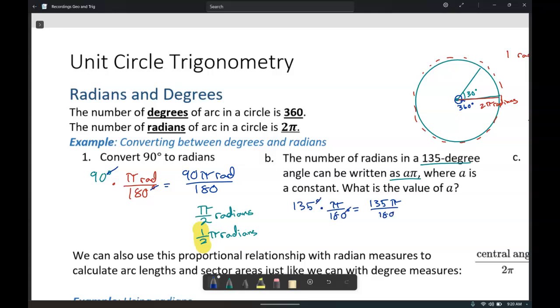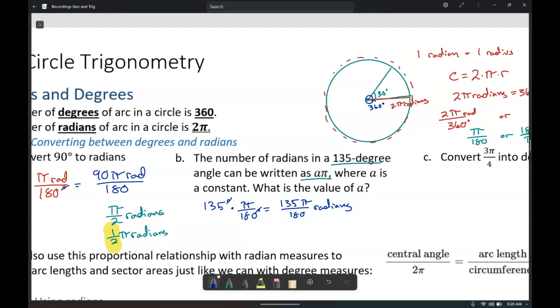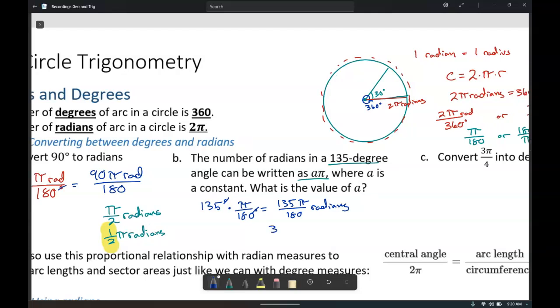The degrees units cancel, and we're left with just radians. Then we can simplify, and that reduces to 3/4 pi radians. And so we're looking for the value of A, so A equals 3/4.